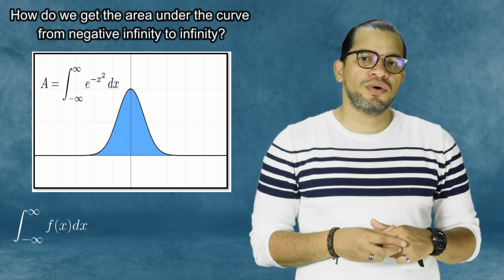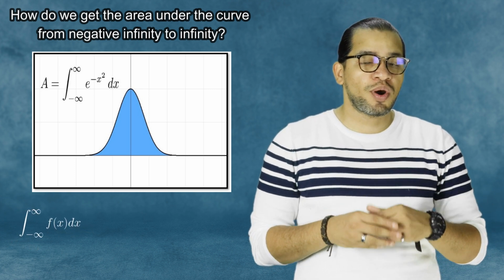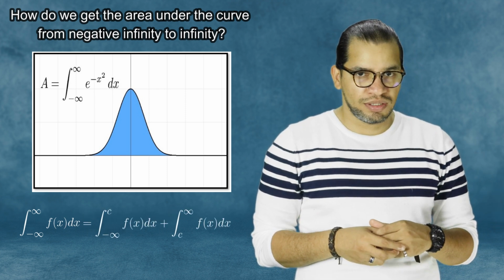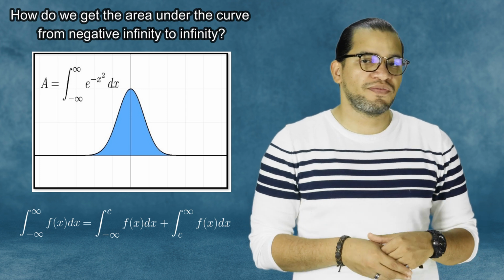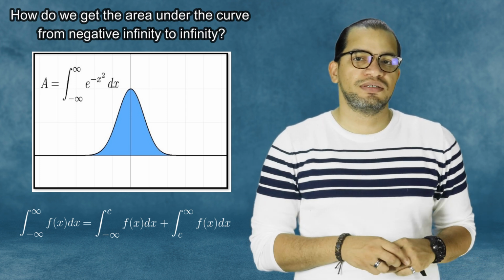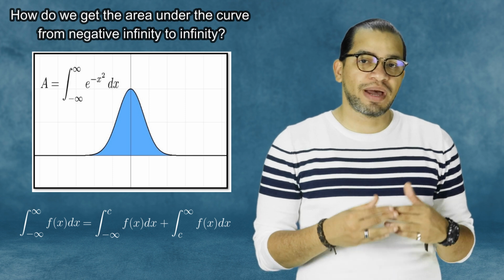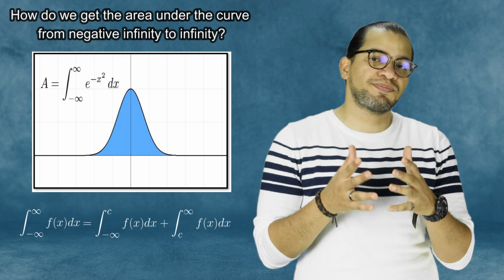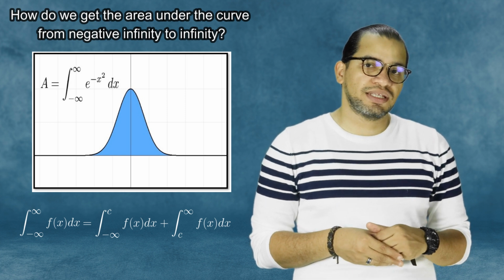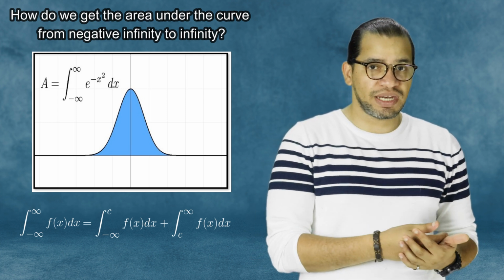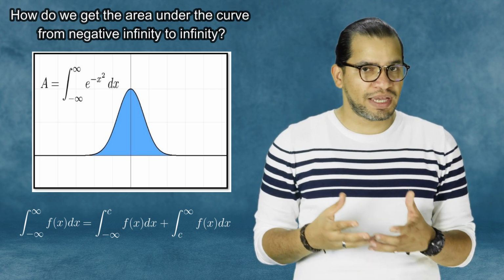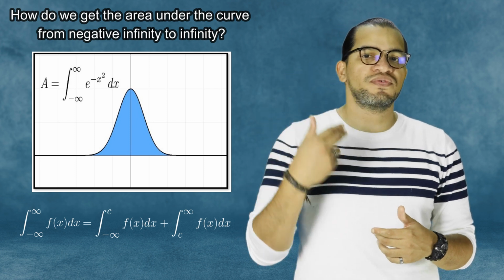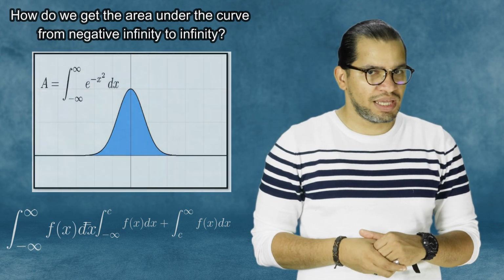For doing so, we are going to do the improper integral from minus infinity to a finite value c, and then from that finite value c to infinity, meaning that the integral from minus infinity to infinity of f of x dx will be split as the integral from minus infinity to c of f of x dx plus the integral from c to infinity of f of x dx.